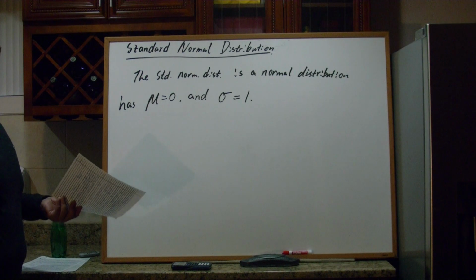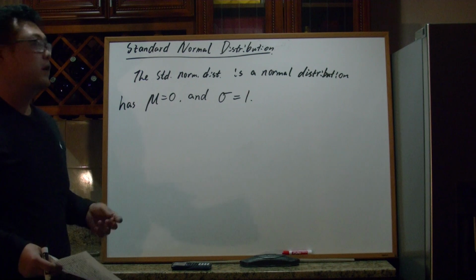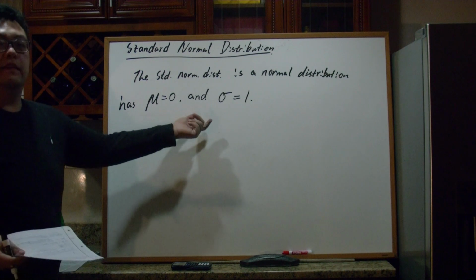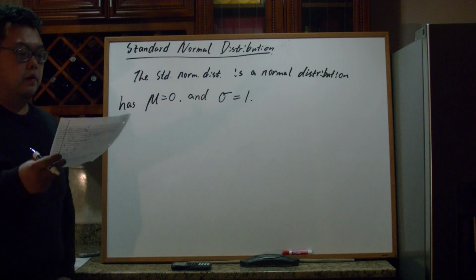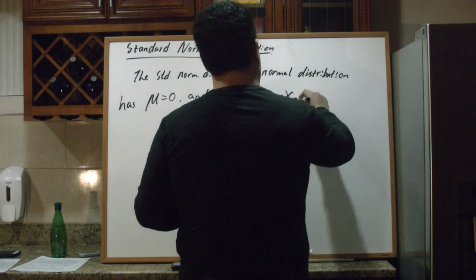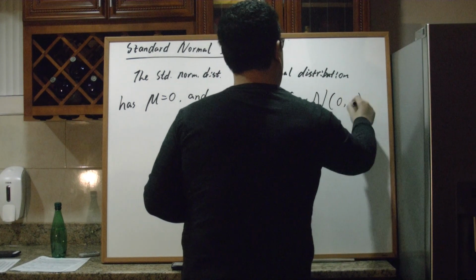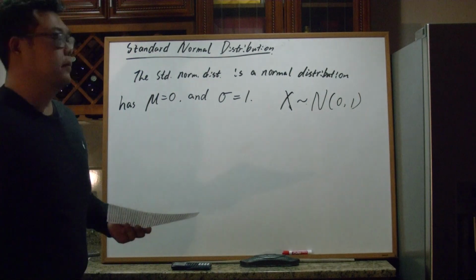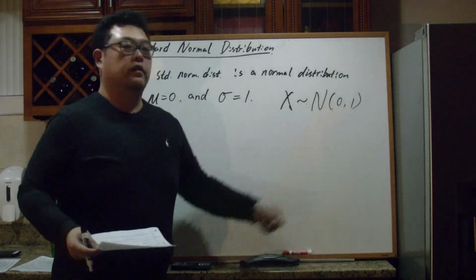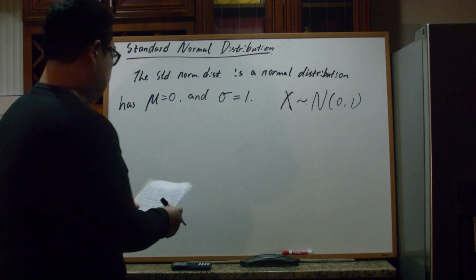It is basically a normal distribution, but with mean equal to 0 and standard deviation equal to 1, so the variance is also 1.